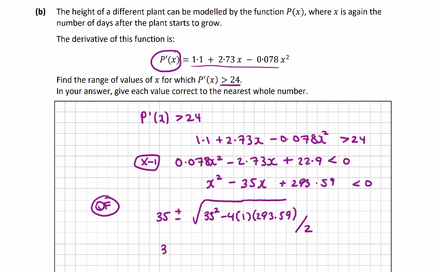So the discriminant is giving me 50.64, so we're going to have 35 plus the square root of 50.64 over 2, and 35 minus the square root of 50.64 over 2.